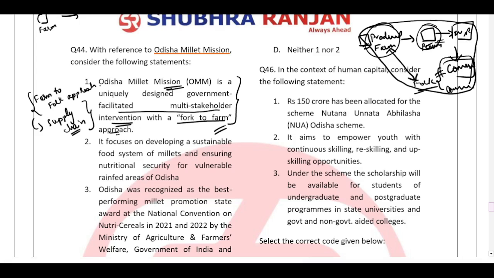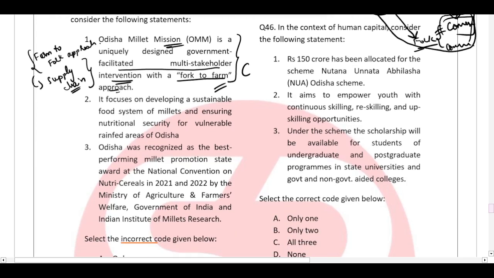So this is a correct statement. It focuses on developing the food system of millets and ensuring nutritional security for vulnerable rain-fed areas in Odisha. We discussed how millets can be grown in rain-fed areas because they need less water and they also have good nutritional content. This is also a very logical statement, hence correct.